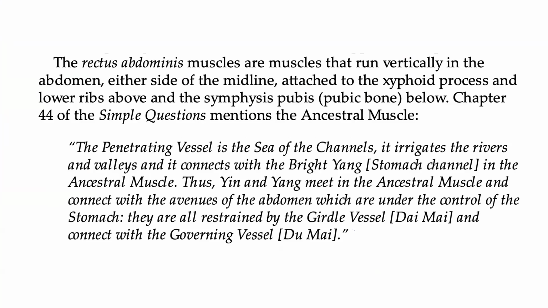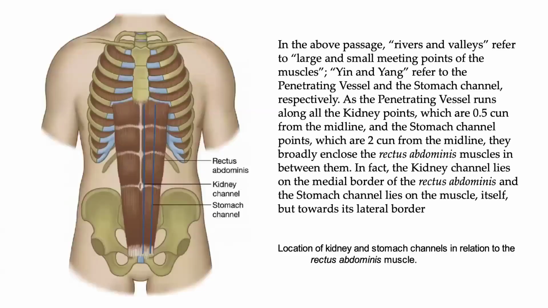It irrigates the rivers and valleys, and it connects with the bright yang, stomach channel, in the ancestral muscle. Thus, yin and yang meet in the ancestral muscle and connect with the avenues of the abdomen, which are under the control of the stomach. They are all restrained by the girdle vessel, or daimai, and connect with the governing vessel, dumai.